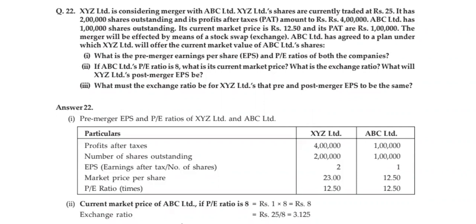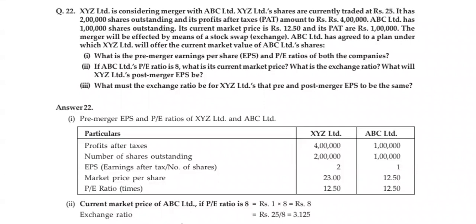And what will be XYZ Limited's post-merger EPS? Next, what must the exchange ratio be for XYZ Limited's pre and post merger EPS to be the same? So he has asked us some questions and we need to answer this.